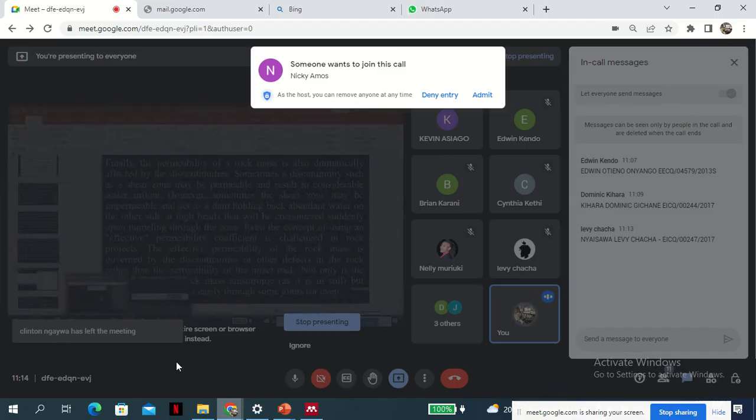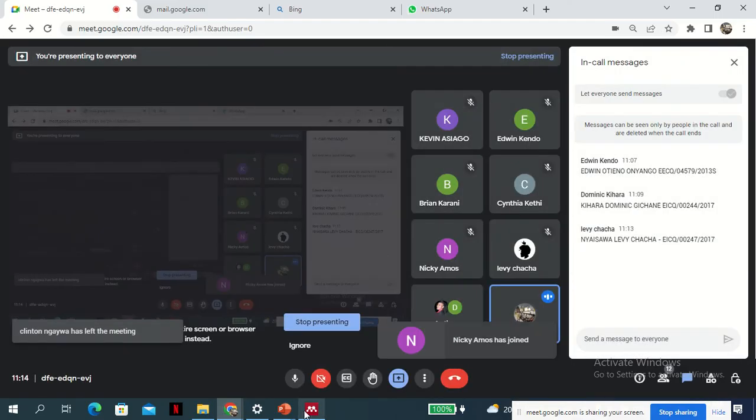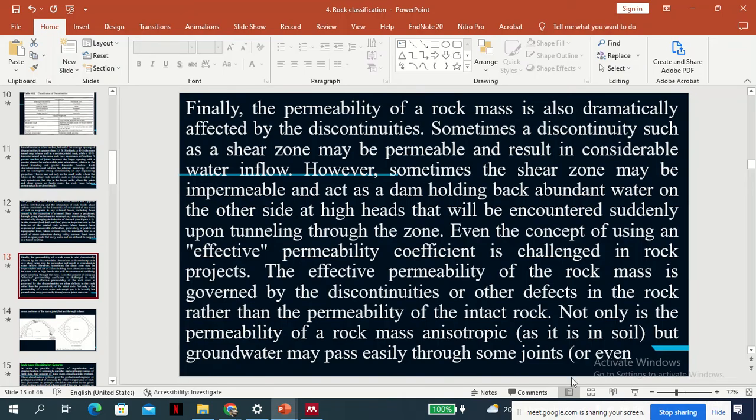So these are some of the challenges posed by discontinuities. However, sometimes the shear zone may be impermeable and act as a dam, holding back abundant water on the other side, with high heads that will be encountered suddenly upon tunneling through the zone.